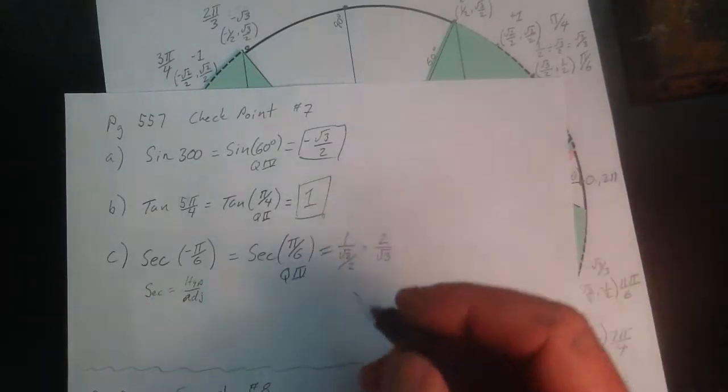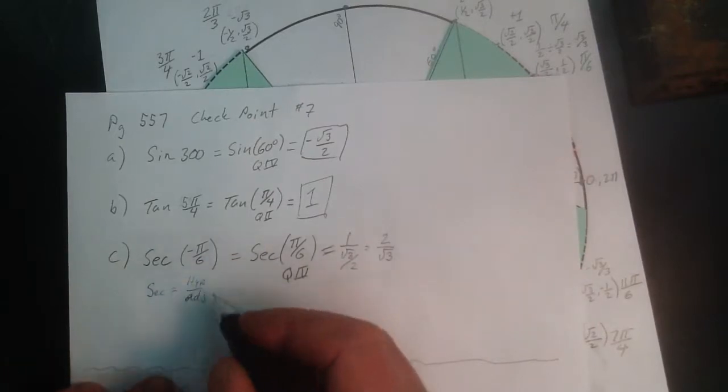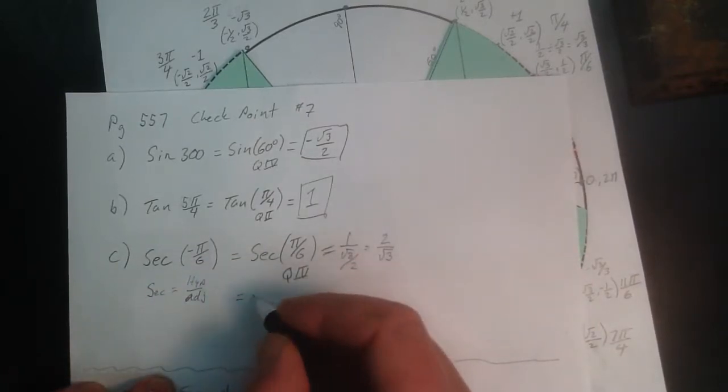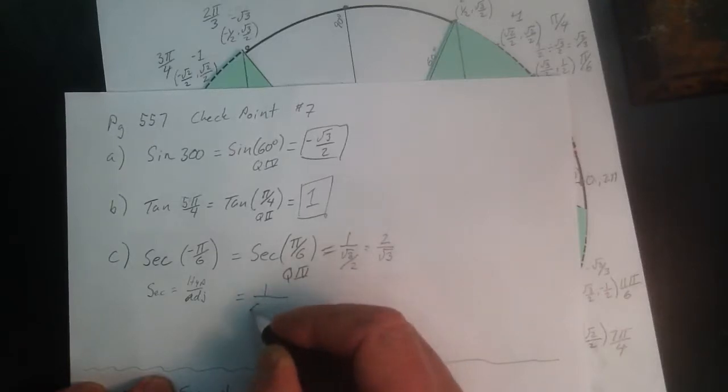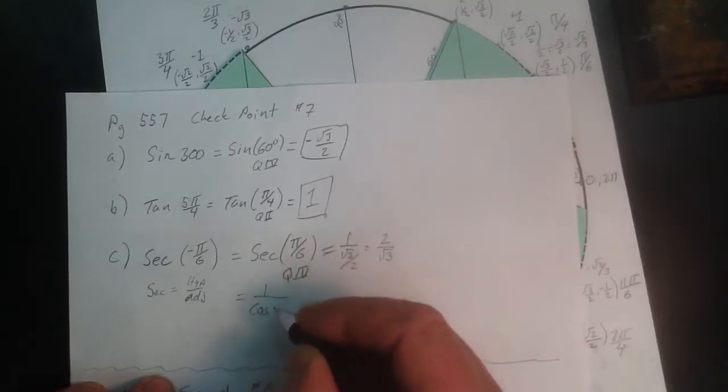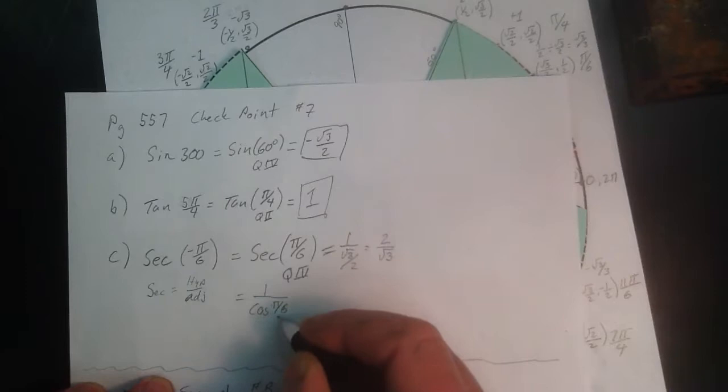That's how I did it in class. I said, okay, right here, this is 1 over the cosine of pi over 6, as it is drawn in quadrant 4.